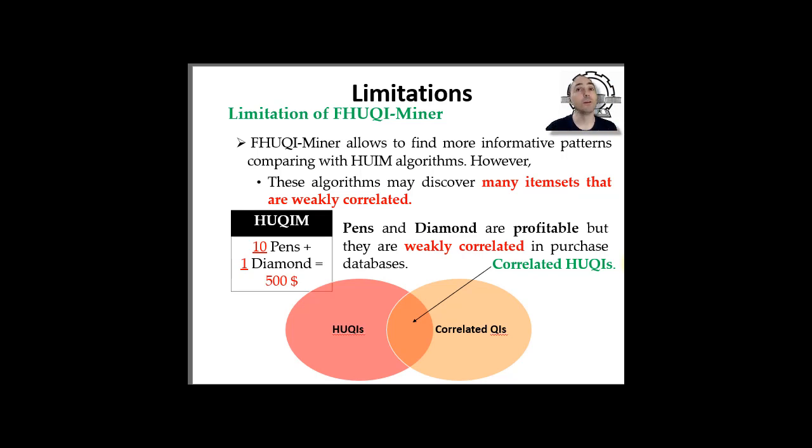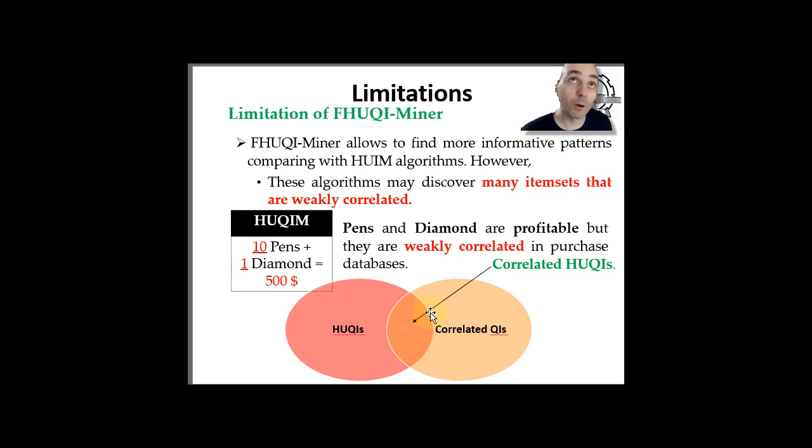But sometimes these item sets are weakly correlated. For example, we find that 10 pens and 1 diamond make a lot of money, $500. But maybe there's not a strong correlation. Maybe the people buy pen and diamond together just because almost everyone buys the pen. So it's not really because there's a relationship.